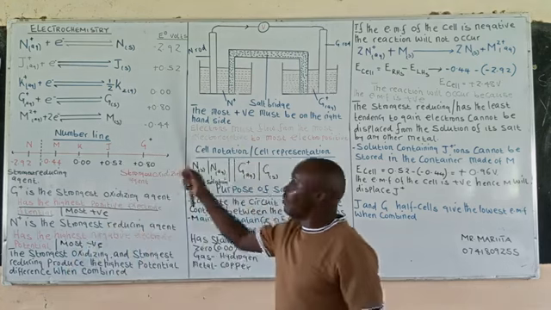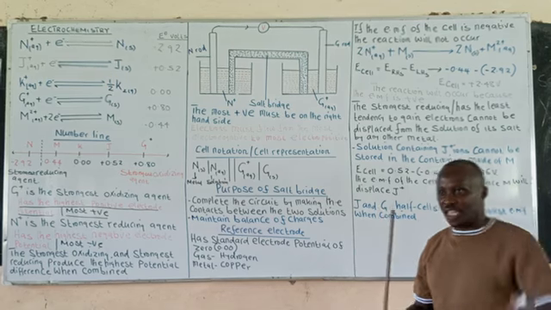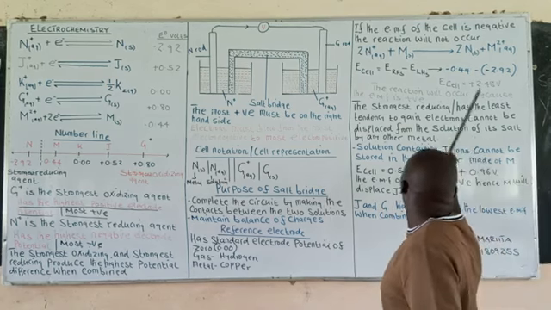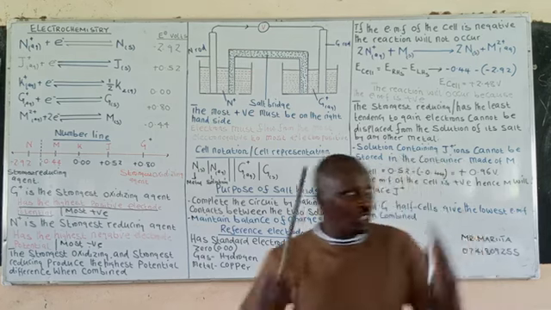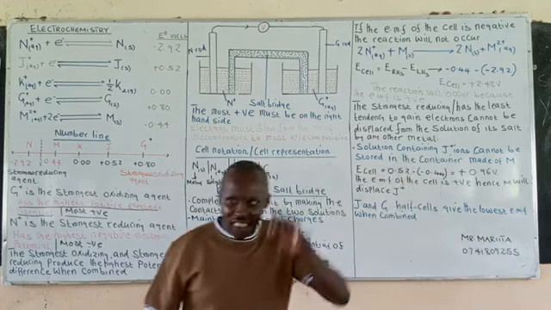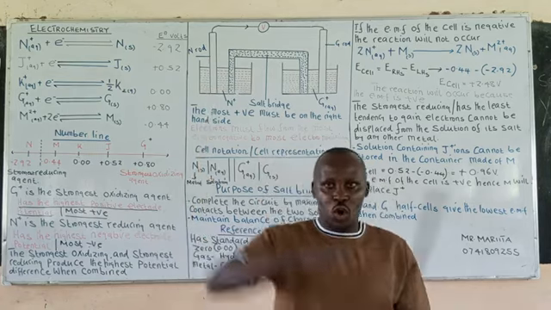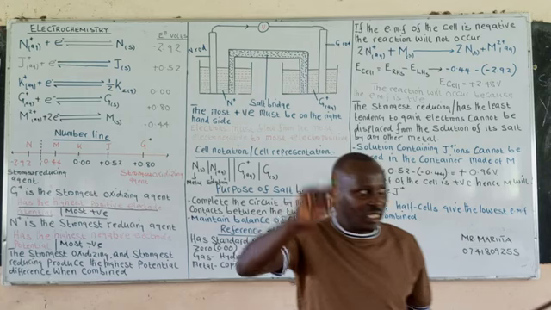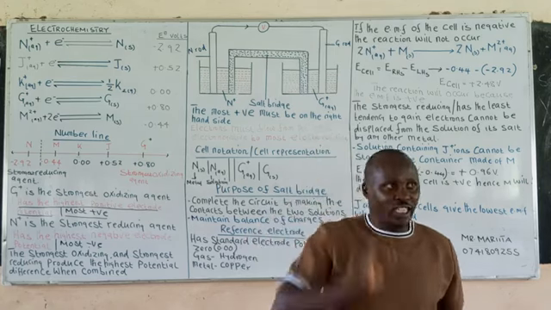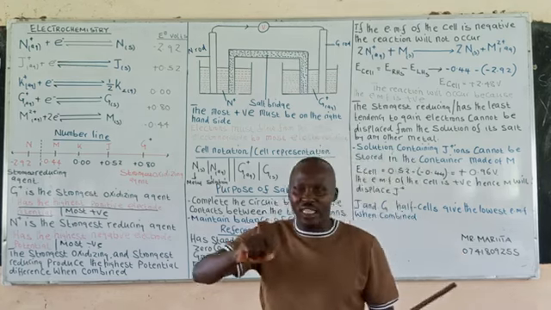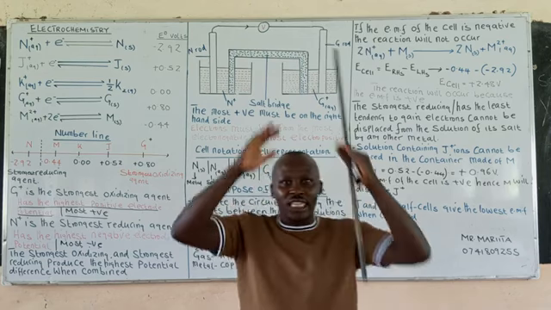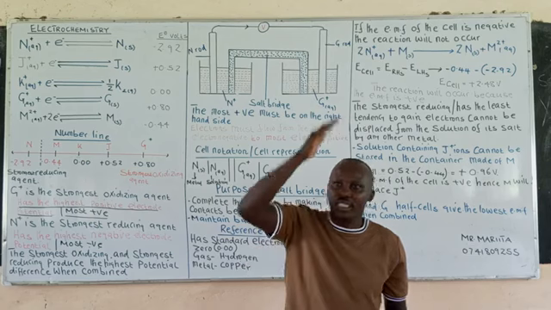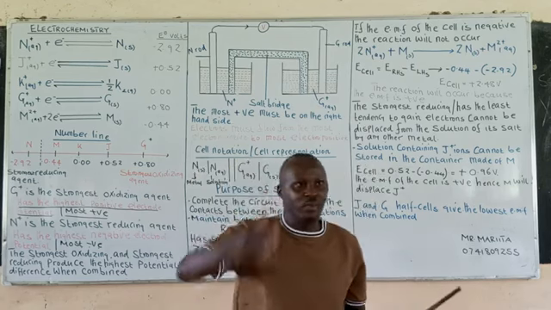For instance, if we are required to identify half cells which cannot be displaced from their solution by any other method, check that half cell which has the least tendency of gaining electrons, or in that case, you say the strongest reducing agent. So the strongest reducing agent, or that half cell which has the least tendency of gaining an electron, is the one which cannot be displaced from its solution by any other method.